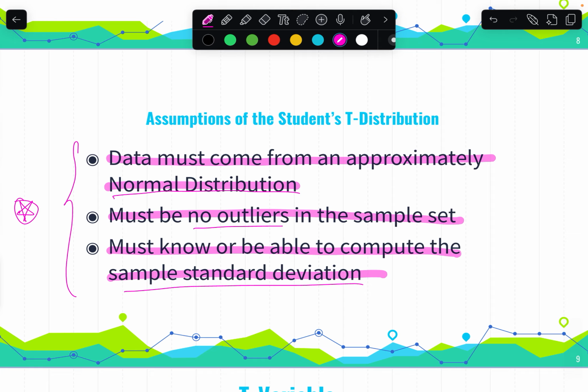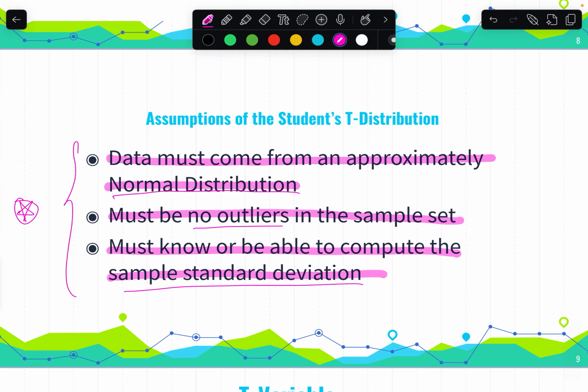And the last part is sample standard deviation. So this whole entire idea of the t distribution, Student's t distribution, is that you don't know what the population standard deviation is. How can you remedy that? By being able to find out what the sample standard deviation is and making some kind of approximations based off of that sample standard deviation. So you're doing some kind of standard deviation work with it inherently in this process.